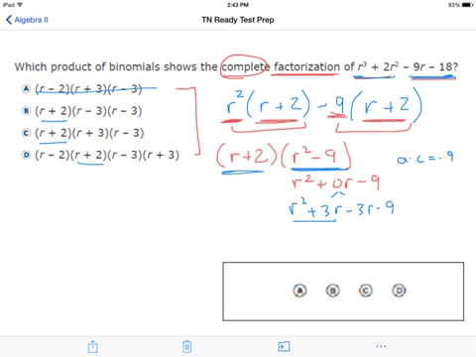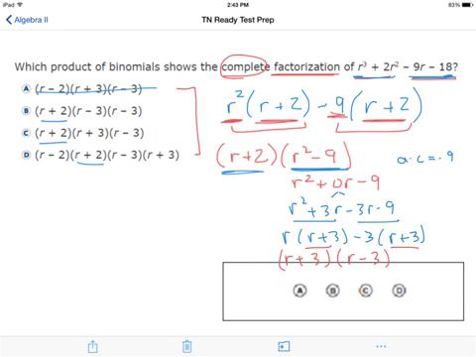And then when I group these 2 terms together and these 2 terms together and see what I can factor out, I'd have r, so this is r plus 3. And then in that second group I can take out a negative 3, that would leave me with r plus 3 here. And then the same kind of strategy, we have r plus 3 in common, so that is a factor, and what is left over is r minus 3.